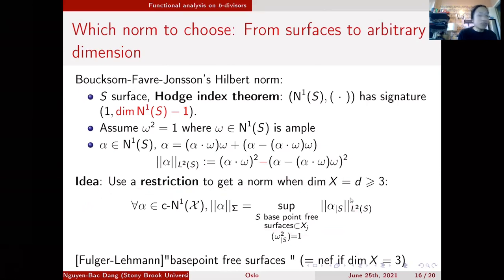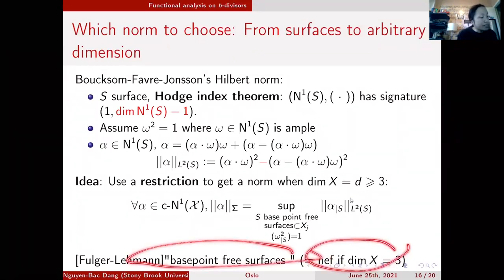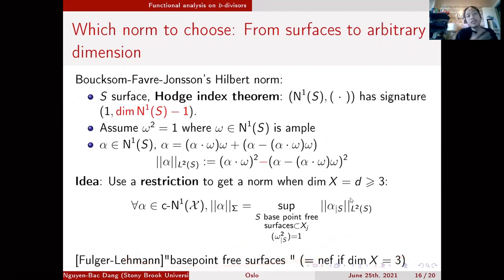And this notion of base point free surfaces, when you're on a dimension 3 variety, is just the space of nef classes. For us, this base point free notion is the good generalization of ampleness, the suitable generalization of ampleness in codimension k.